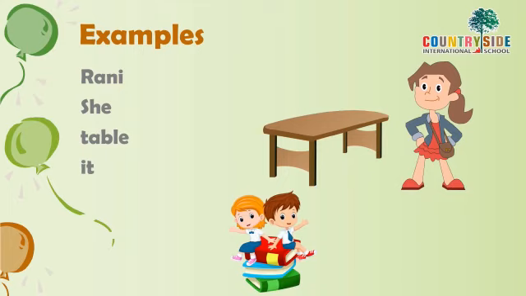Now, these are children who are more than one. A boy and a girl together, but more than one. So when there are more girls, more boys, birds, insects, animals, we use they. So we say they are children. It is a table. She is Rani.